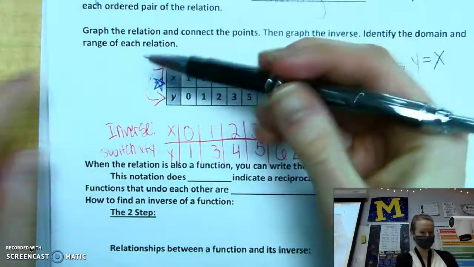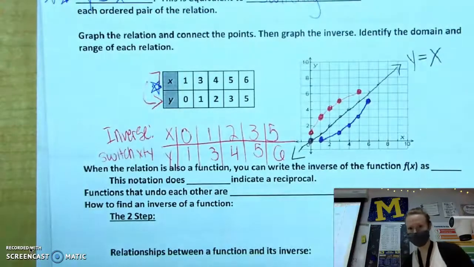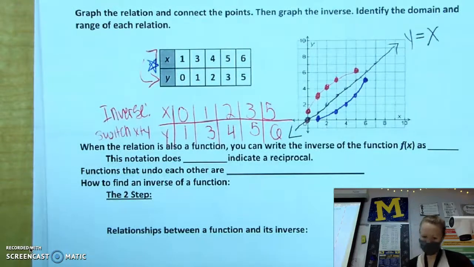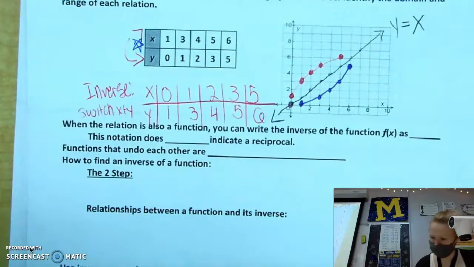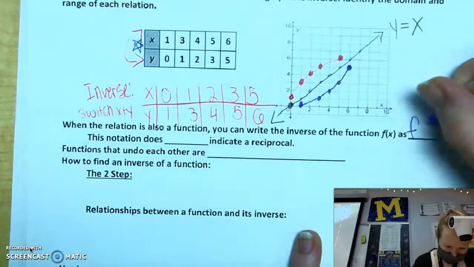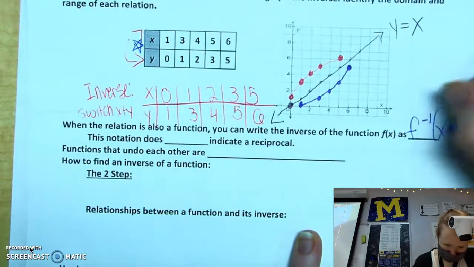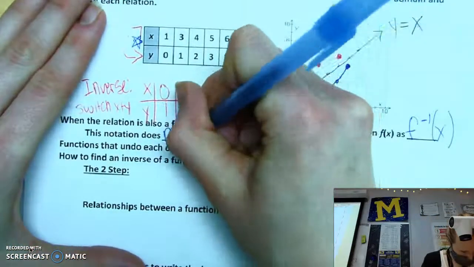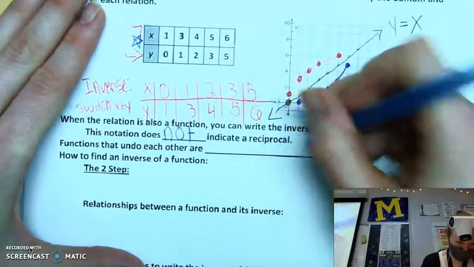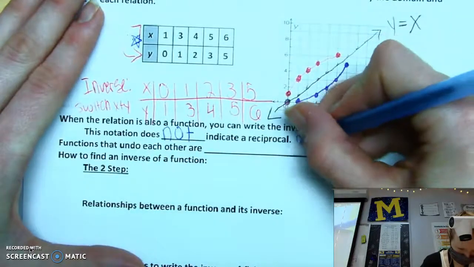So once again, I like to switch my coordinates around. You can reflect across the graph as well. But when the relation is also a function, you can write the inverse of a function as f negative 1 of x. This is not a reciprocal or a negative exponent.